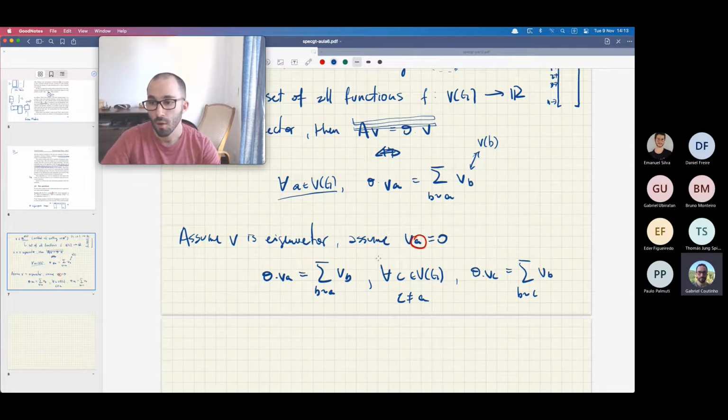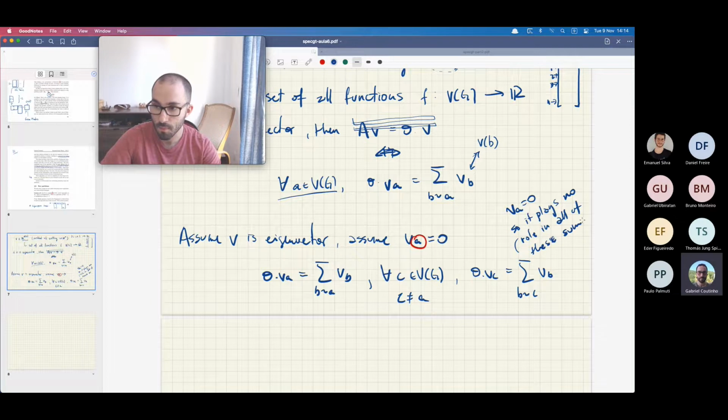Now, what's happening is v_A is 0, so it plays no role in all of these sums.